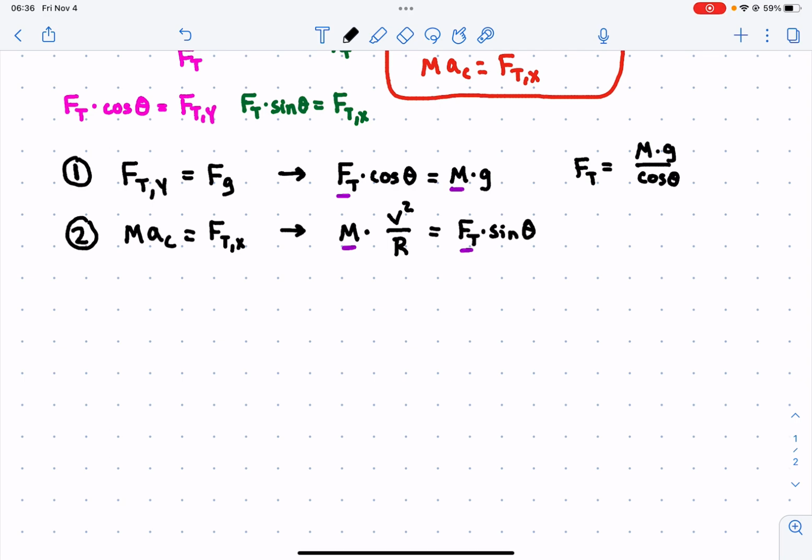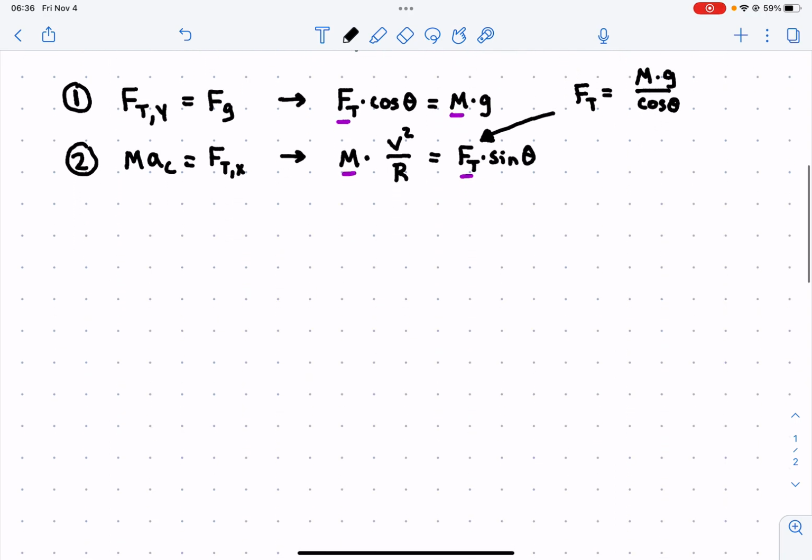And so now I can plug that directly into my second equation, which is right here. So my equation number 2 is going to be m v squared over r is equal to m times g divided by cosine theta times sine theta.